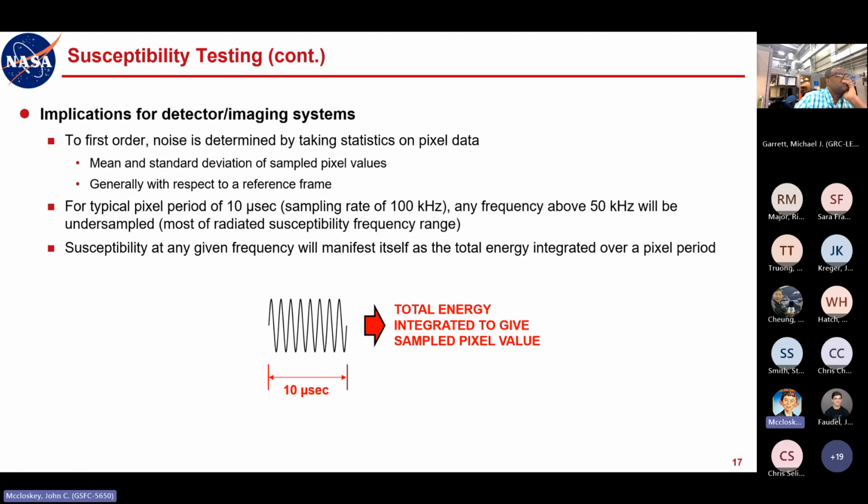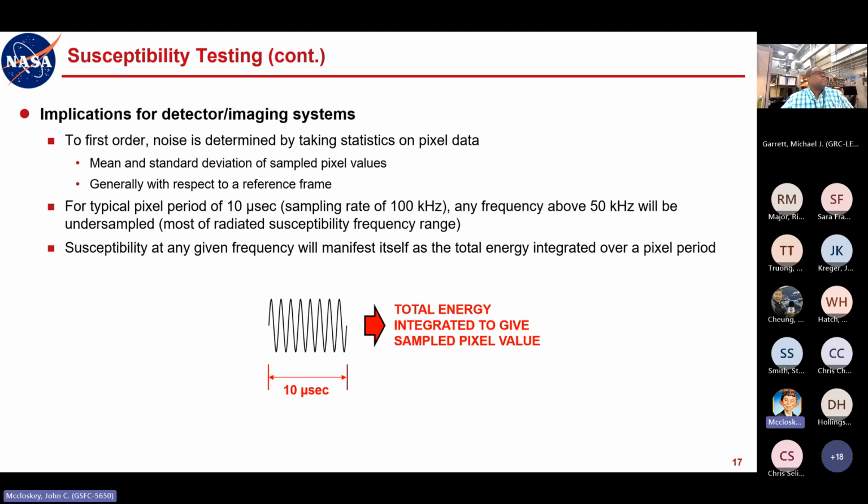Okay, so the implications. My most direct experience with this is with detector and imaging systems. To first order, the noise, or any undesirable signal picked up as a result of your susceptibility signal, is determined by taking statistics on pixel data, the mean and standard deviation of sample pixel values, generally with respect to a reference frame without your perturbing signal applied.